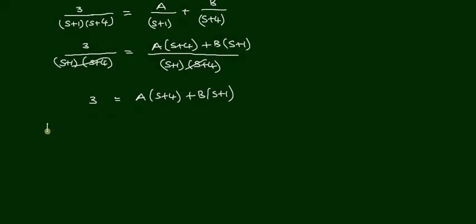For that purpose, first we make B zero and then find A. Similarly, then make A zero and find the B value. So put s equal to minus 1 in the first case. Then 3 is equal to, when s is minus 1, B becomes 0, because minus 1 plus 1 is 0, and B into 0 is 0.